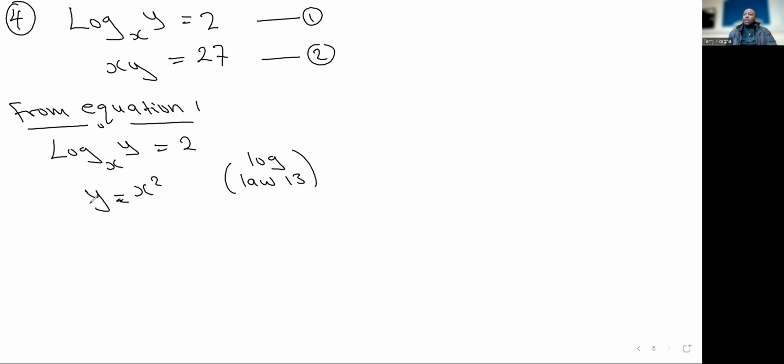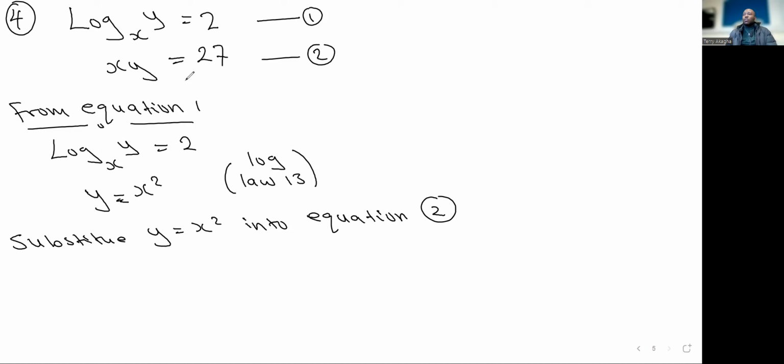So now because we know y is equal to x squared, we can substitute y into equation 2. Okay? So we're going to substitute y equal to x squared into equation 2.